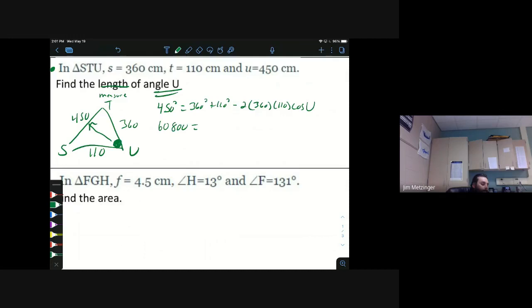So 2 times 360 times 110, remember it's negative 79,200 cosine of U. Then divide, and you get this decimal here.